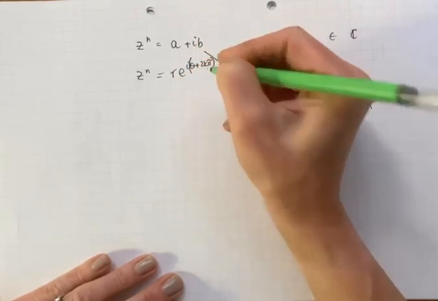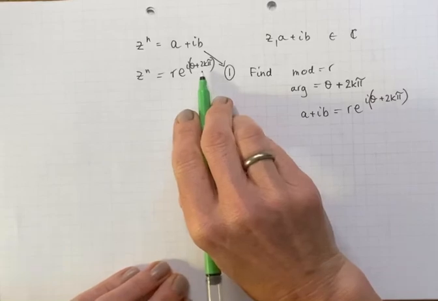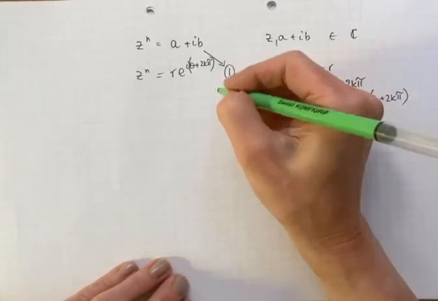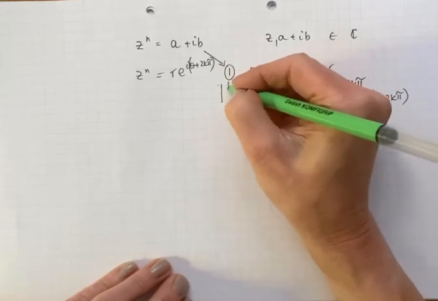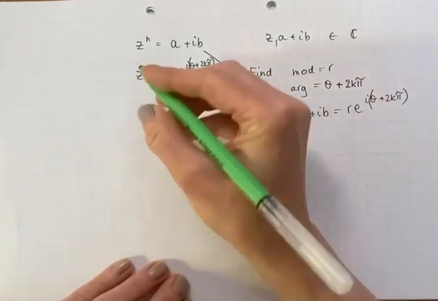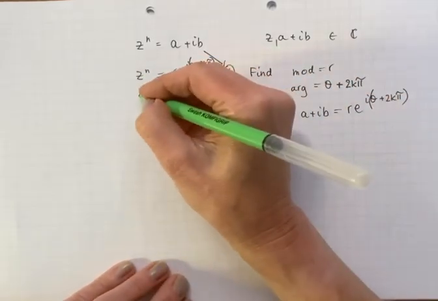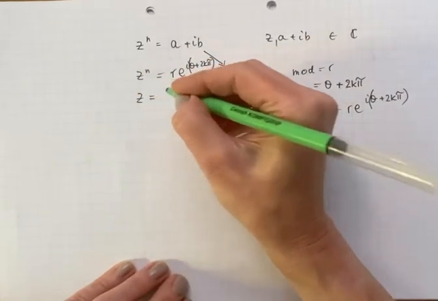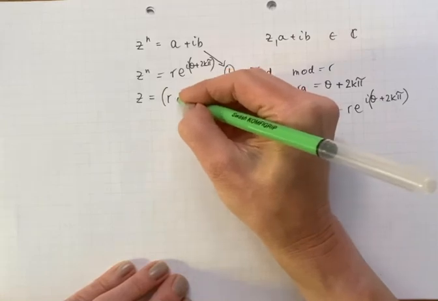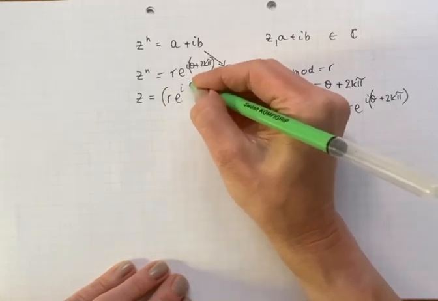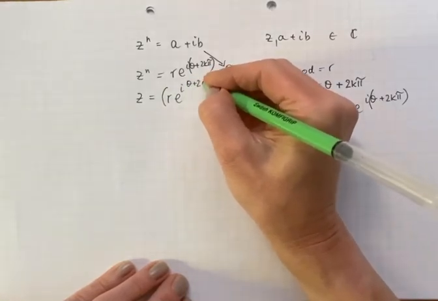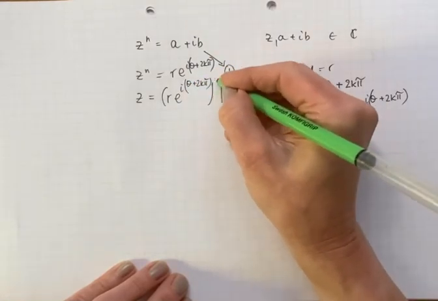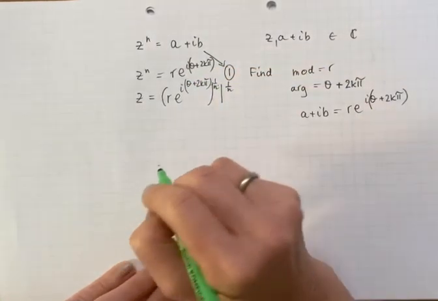So as soon as you found the argument, add multiples of 2 pi to the argument. Then we are going to raise it to the power of 1 over n, because that is finding the nth root. If I raise z to the power of n to 1 over n, you are left with z. And here you do r e to the power of i theta plus 2k pi raised to the power of 1 over n.